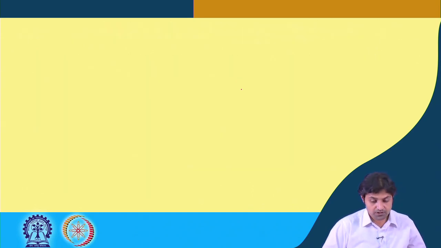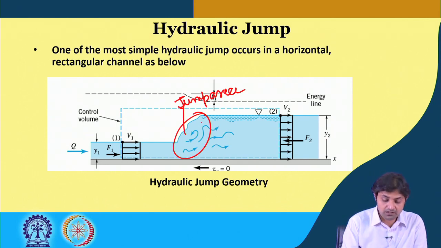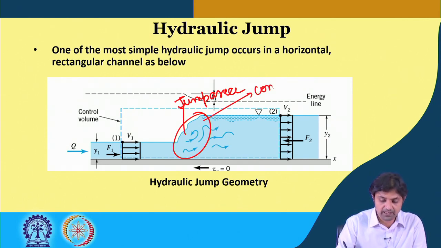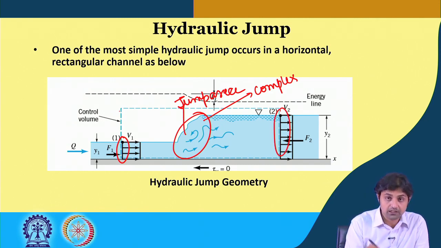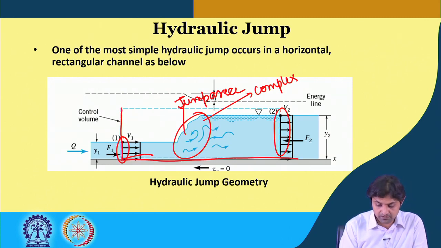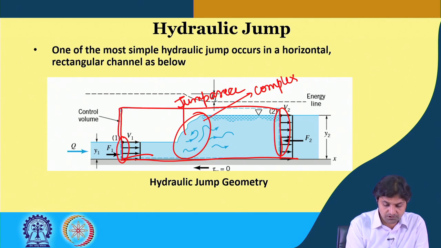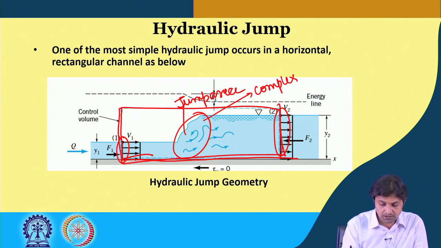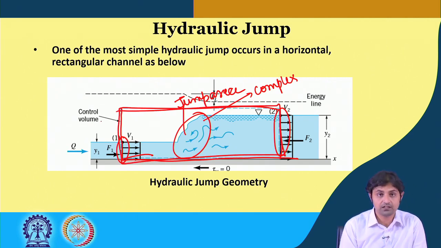Although this is a jump and the flow here is quite complex in nature, we can make this assumption at sections 1 and 2. The control surface that we have assumed starts at section 1 and goes like this and finishes at section 2.